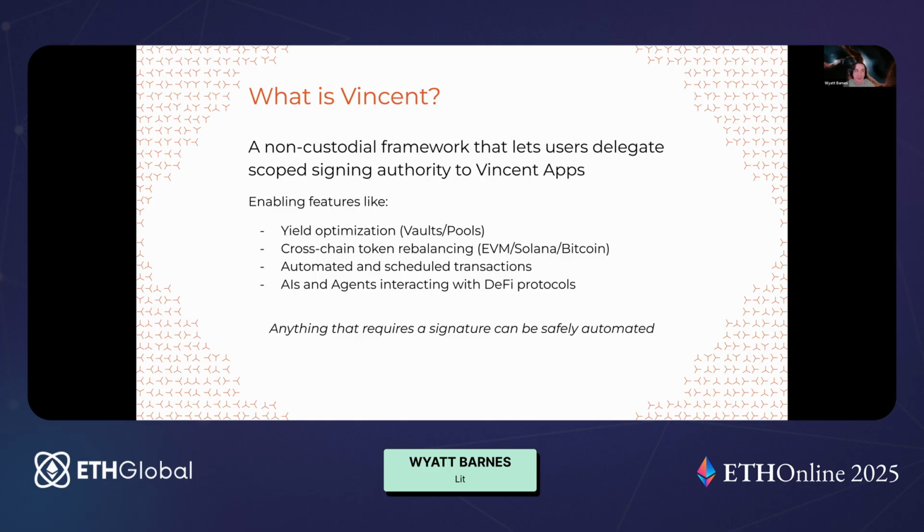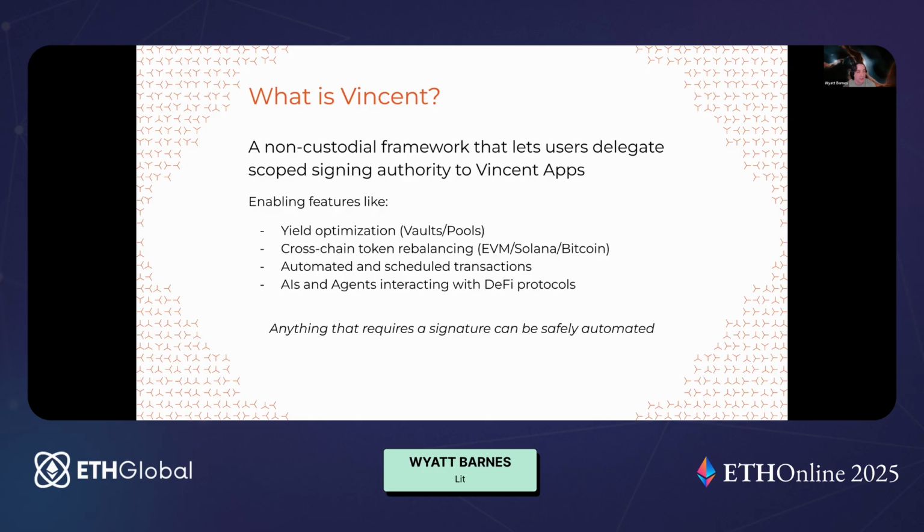And then the scoped signing is specifically that Vincent apps have specific Vincent abilities, and these abilities are what you are delegating execution of on your behalf to the Vincent apps. So it's only these abilities the Vincent apps can execute on your behalf.